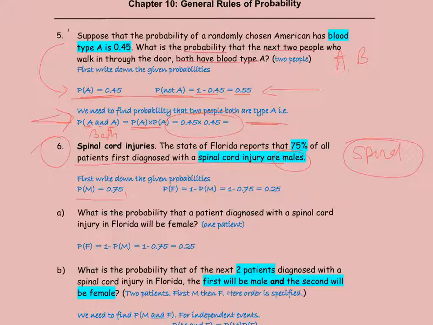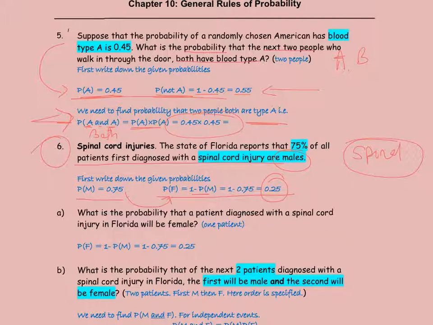The immediate consequence of that also needs to be written down. The probability that in that population of spinal injuries, the person with a spinal injury is female is 25%, because it's 1 minus the probability of male. So that would be 1 minus 0.75, and that's 0.25.